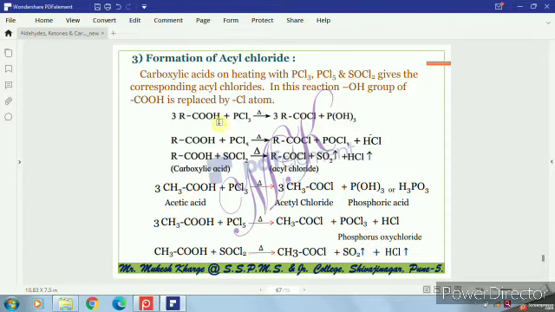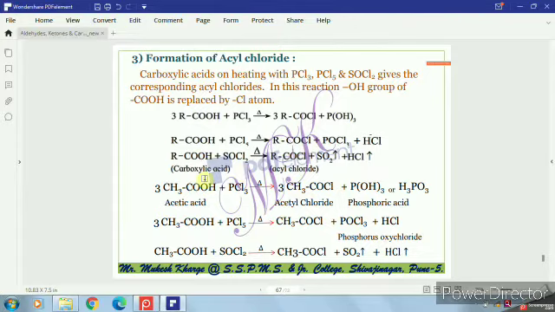In this reaction, the OH group gets replaced by Cl. Here are the balanced equations. All are familiar with how to balance the equation, which you already learned in the preparation of alkyl halide from alcohol. Similar types of reactions are there, and balancing is also the same.